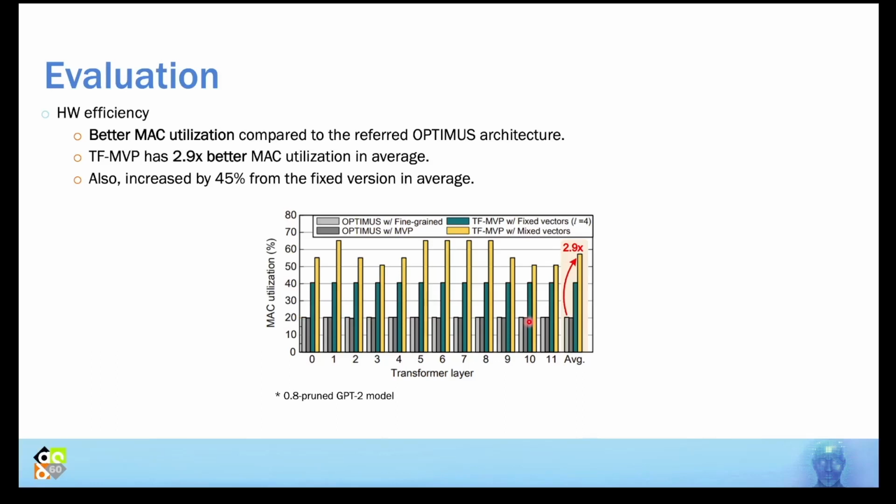However, our proposed hardware using fixed vector 4 or selectively using 8 and 16 with mixed vectors shows 2.9 times better utilization compared to the existing Optimus structure. And also the mixed version increases by 45% over the fixed version on average.